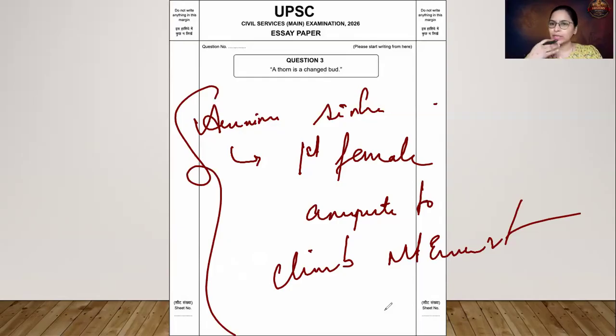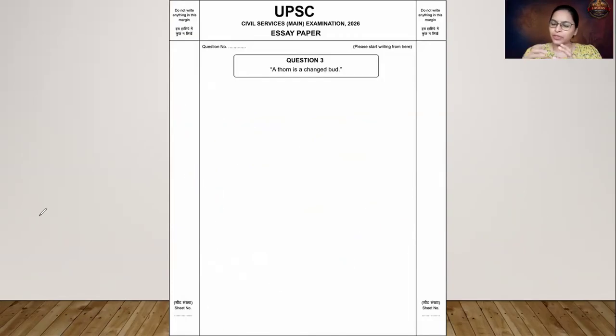So like that, with the examples, you can give a counter argument that definitely challenges will come, will try to weaken you, but then it's up to you whether you want to convert your bud into a flower, into a fruit, or you want to become a thorn. Okay, so I hope this particular perspective is clear, and by adding more value addition, by adding more examples, you can conclude this essay. Okay.